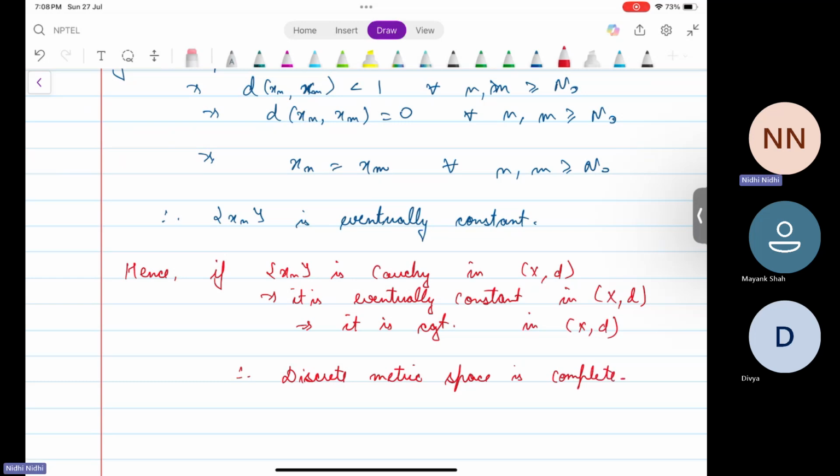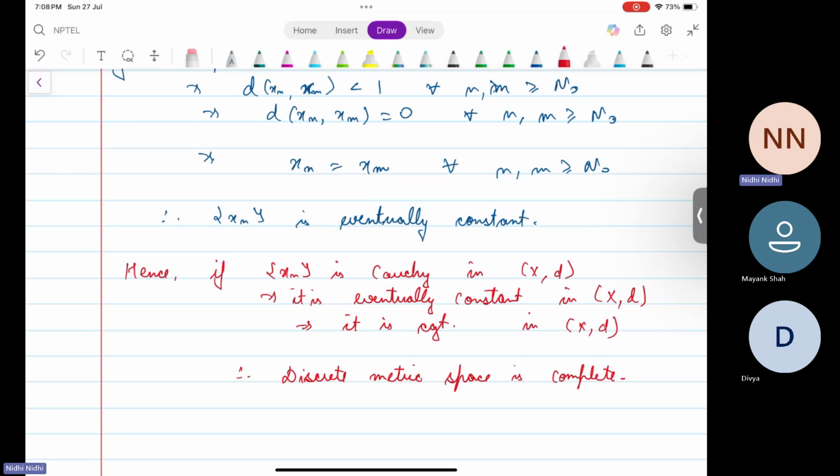Is it clear? The completeness part? Okay, then let's move to next.